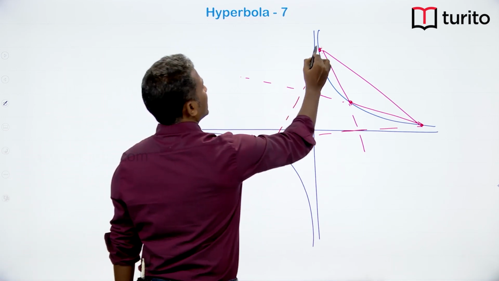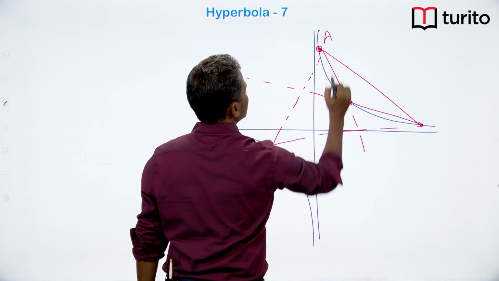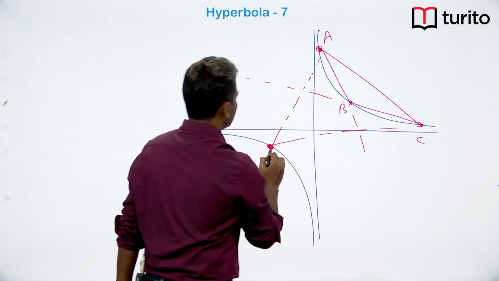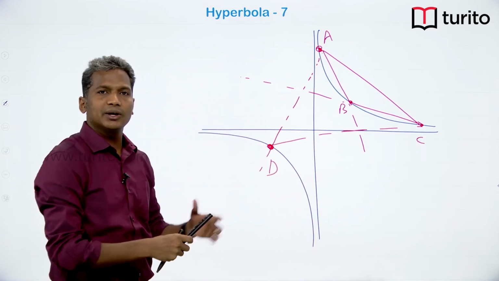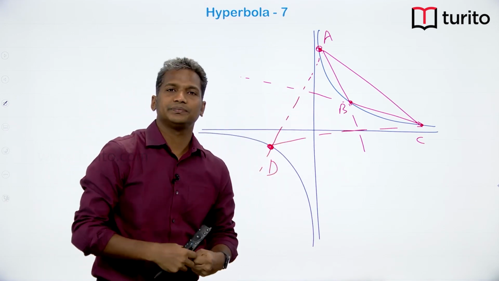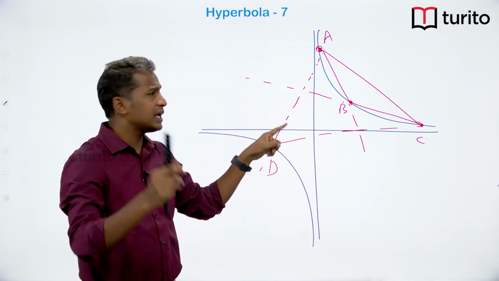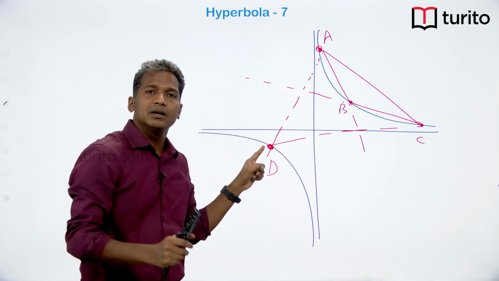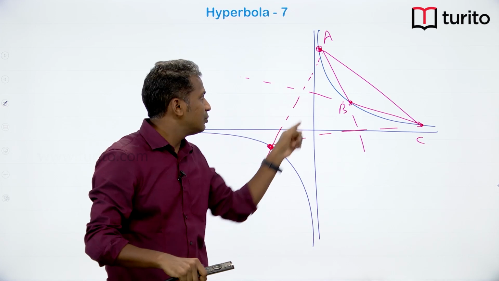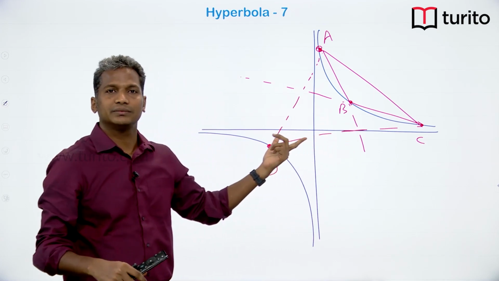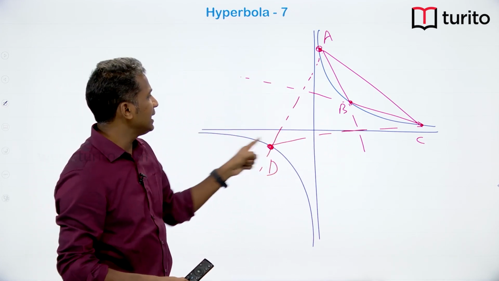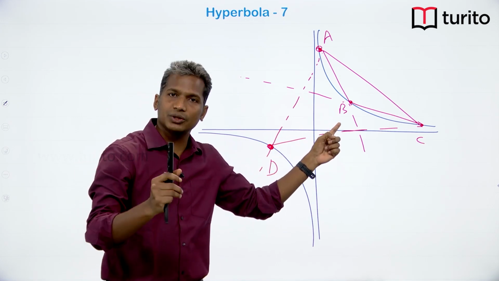Or if you take, let us say, these 3 points, let us name them as A, B, C and this as D. So D is the orthocenter of triangle ABC. On the other hand, for the triangle ACD, B becomes the orthocenter.